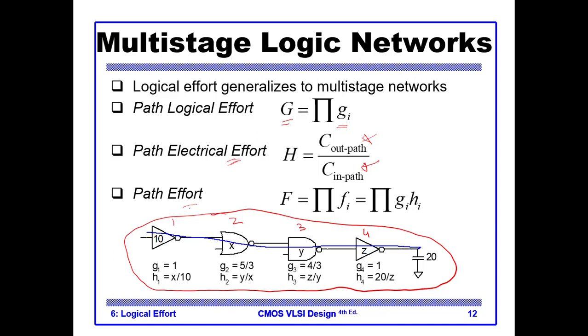And the path effort, capital F, is basically the product of all the stage F and G. So it is basically the stage-wise product of G and H.